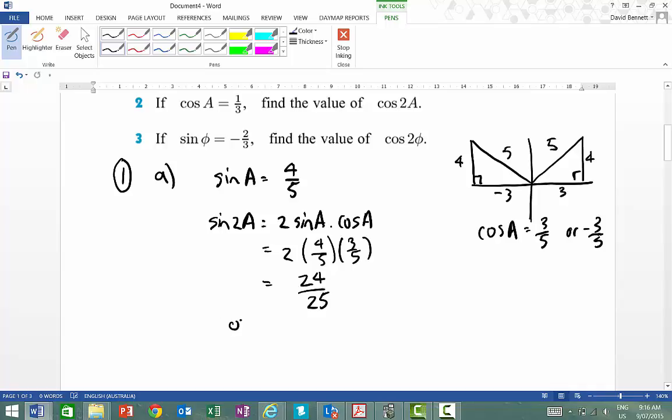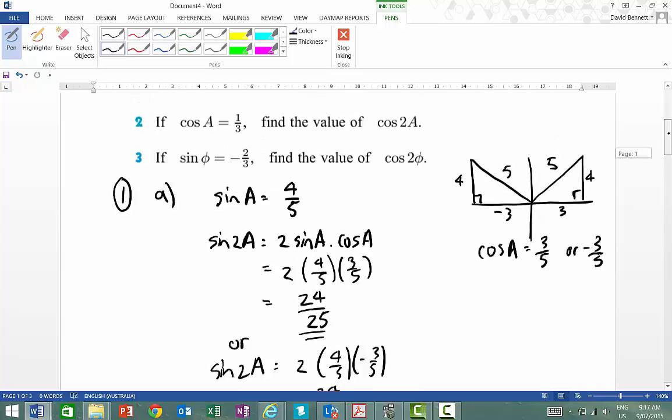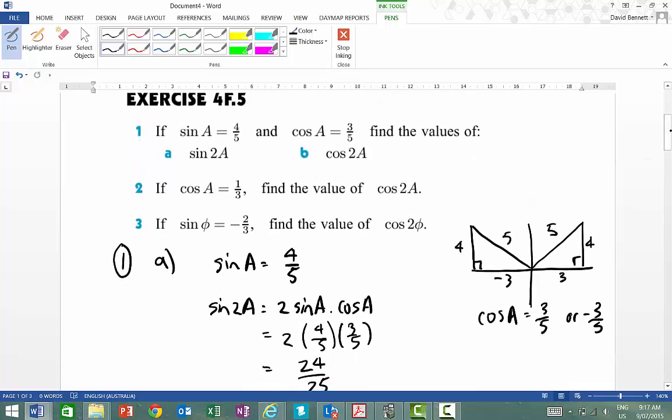Or you could say that sine of 2a is equal to 2 lots of 4/5 times minus 3/5. That will give you the same value but negative, which is going to be minus 24 on 25. So you've got 2 possible values for that. Alright, so that's essentially what you're doing.